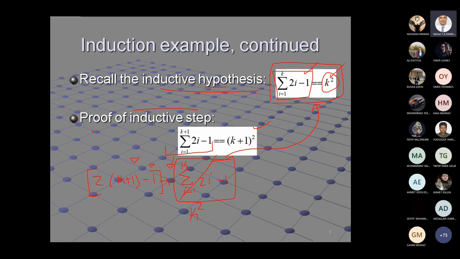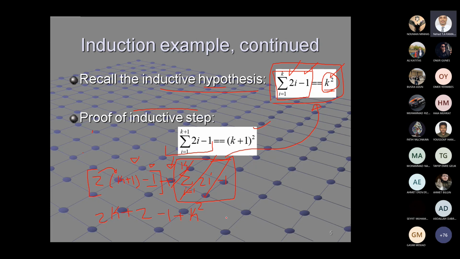We said that the next step is the assumption for k. So we already have in our question here the left side, so we can take the right side. Instead of this one, we can write k to power 2. And we still have here 2 multiplied by k plus 1 minus 1. We will make the 2 inside. So it's 2k plus 2 minus 1 plus k to power 2.